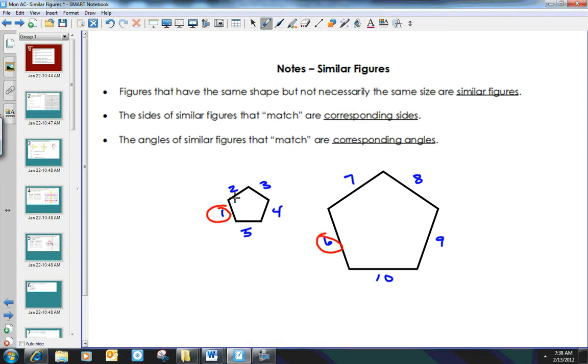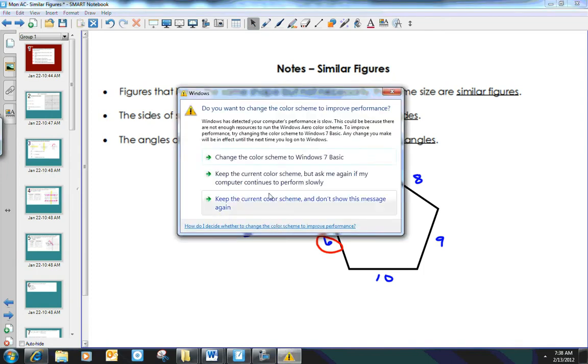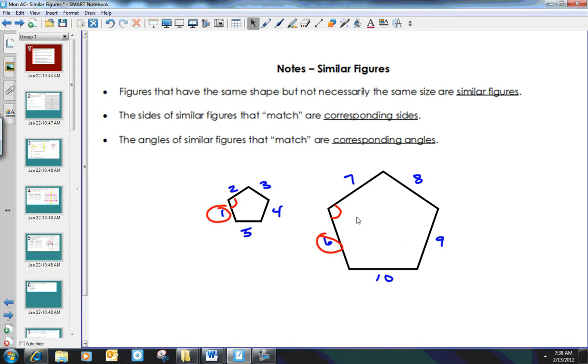Okay, and then this angle and this angle match, so they are corresponding angles. Okay, so the sides of similar figures that match are corresponding sides. Okay, so 1 and 6 correspond, 2 and 7, 3 and 8, 4 and 9 correspond, 5 and 10 correspond.